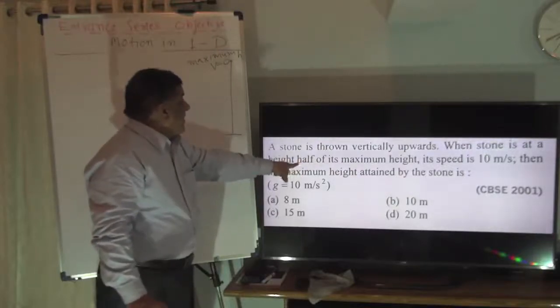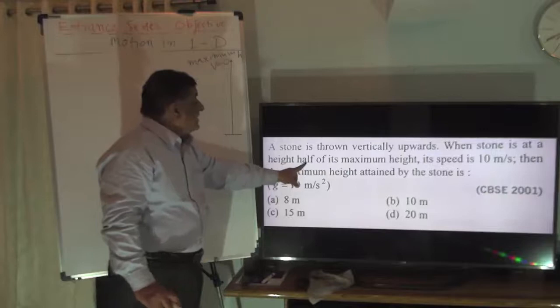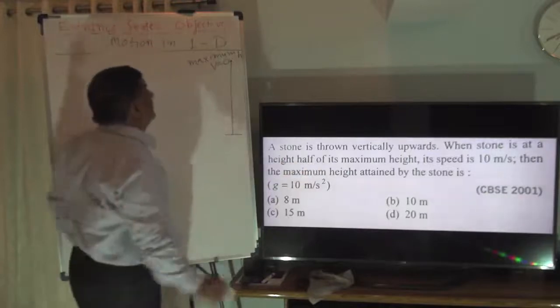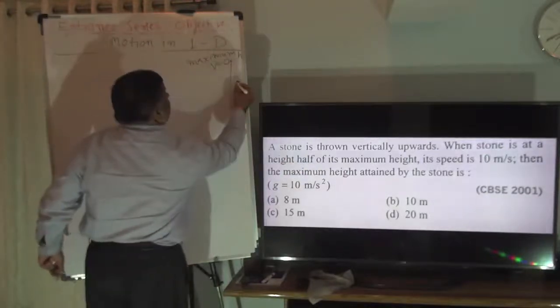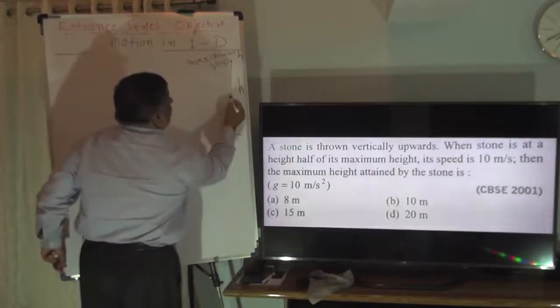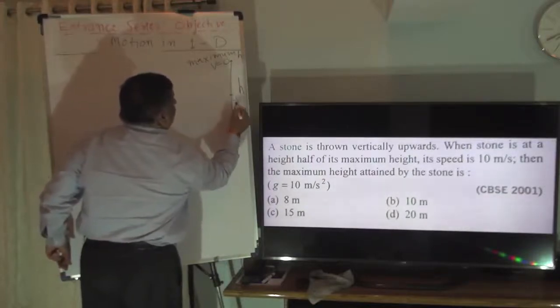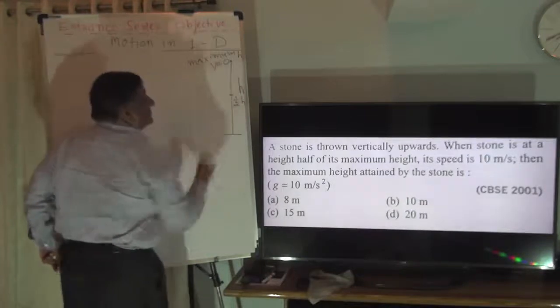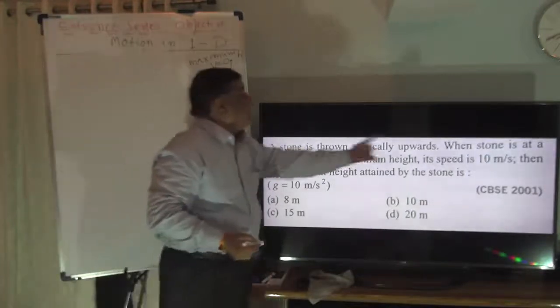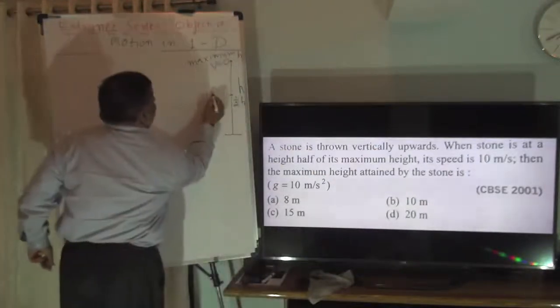When the stone is at a height half of its maximum height, so if this height is h, then this height is half h. What happens here? At half h, speed is 10 meters per second.